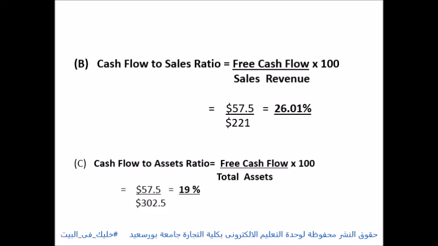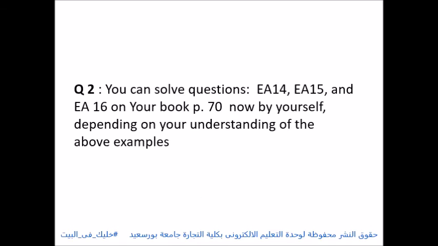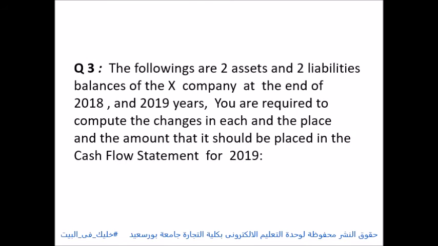Again, for each $100 of assets, the company has free cash flow of $19. You can now solve questions EA 14, EA 15, EA 16 on your book, page 70, by yourself, depending on your understanding of the above examples.